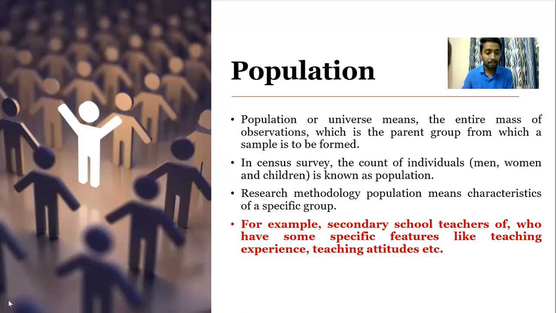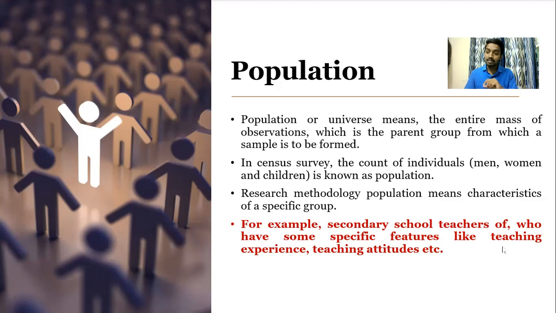I have an example here to explain it clearly. The example states secondary school teachers who have some specific features like teaching experience and teaching attitude. So the characteristics here are teaching experience and teaching attitudes.